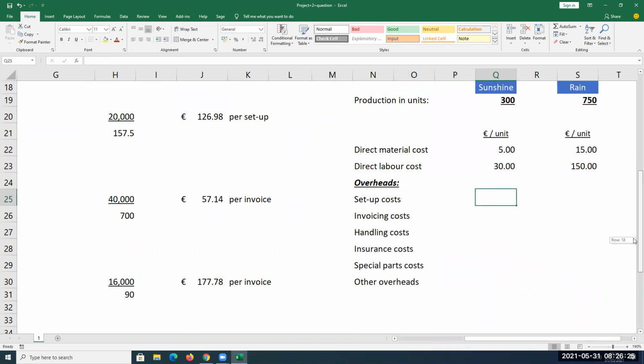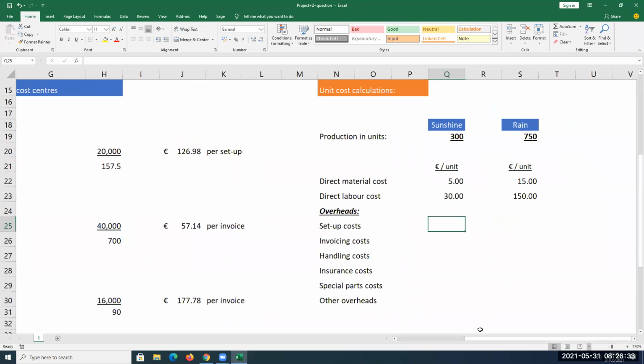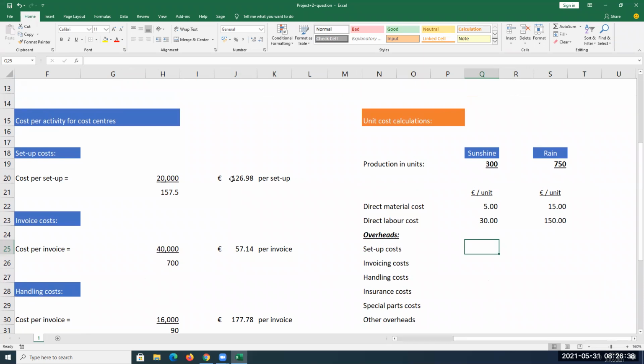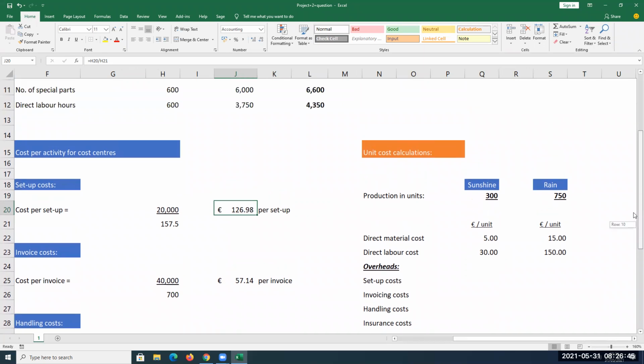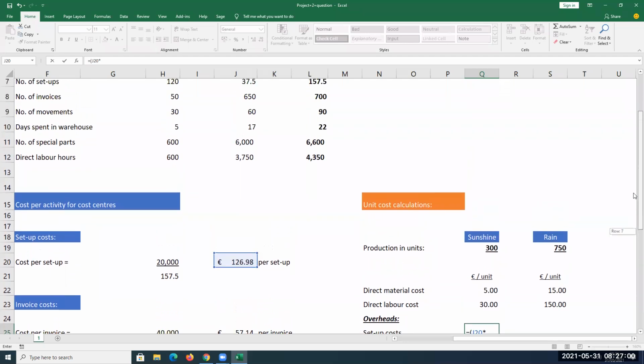Now the overhead cost. Okay, all these calculations are per unit. Now in this table, the setup cost I calculated 126.98 euro per setup. So the calculation is equal sign bracket start 126.98 euro is for one setup, multiply by how many setups of sunshine we need to run.